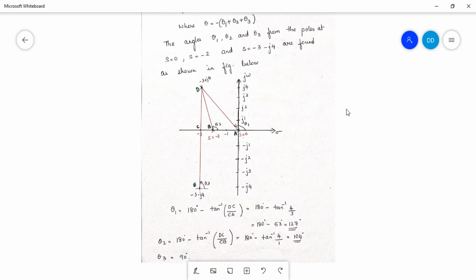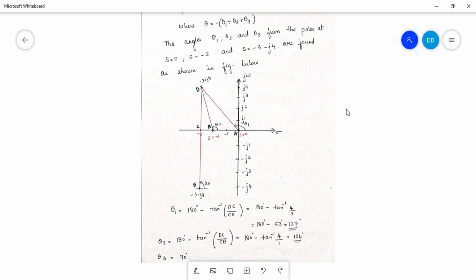So theta 1 is equal to 180 degrees minus tan inverse of DC divided by CA. DC is j4, so 4 units, divided by 3 units, since it is minus 3. 4 by 3 gives us 53 degrees. So 180 degrees minus 53 degrees gives us 127 degrees.